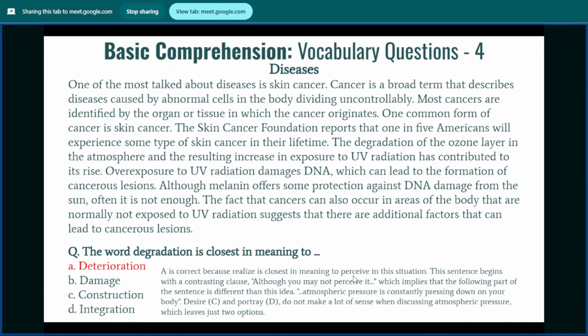Deterioration. Medium. Okay, read the explanation quickly. You'll understand. What is the meaning of deterioration?